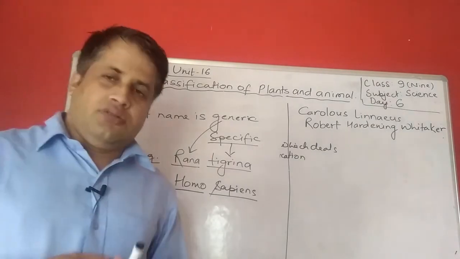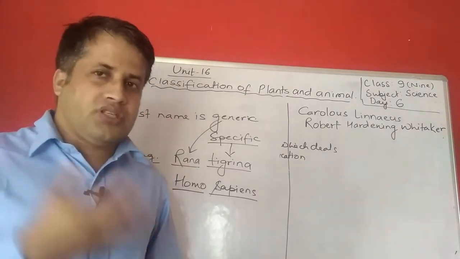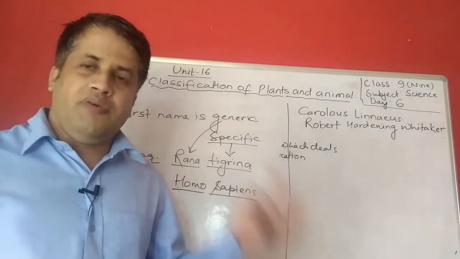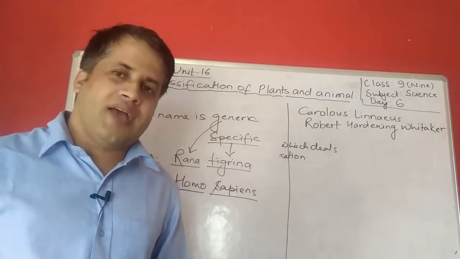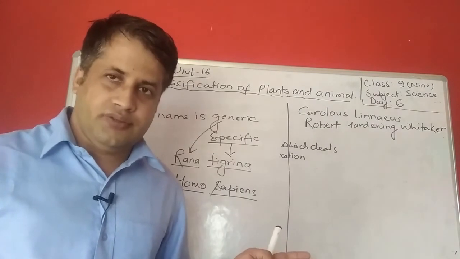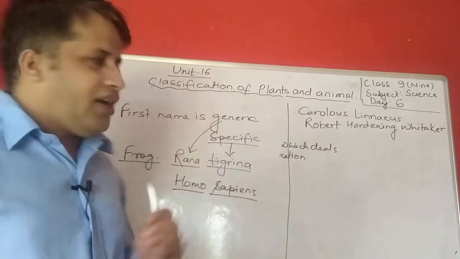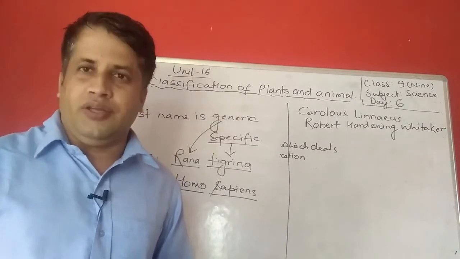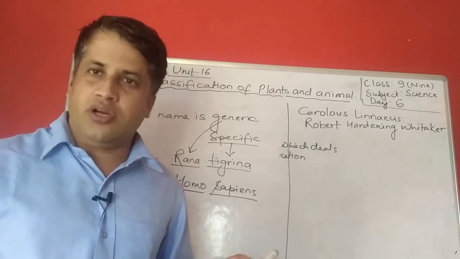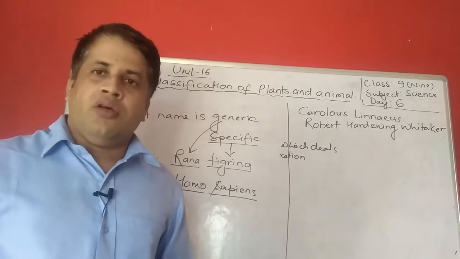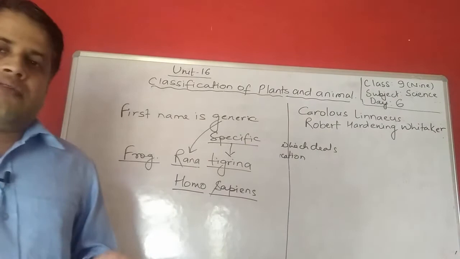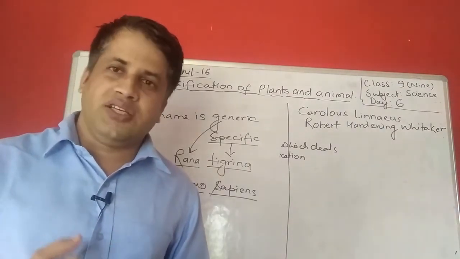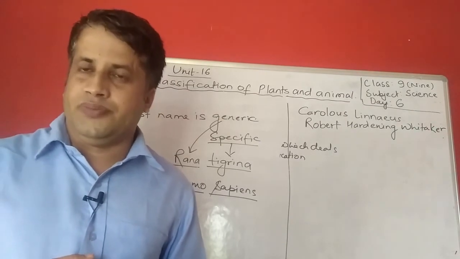And the person who studies the classification of living organisms is known as a taxonomist. Like Carolus Linnaeus is known as the father of taxonomy, as he contributed a lot in this field. And his system of classification was done on the basis of two kingdoms, that is the plant kingdom and the animal kingdom.